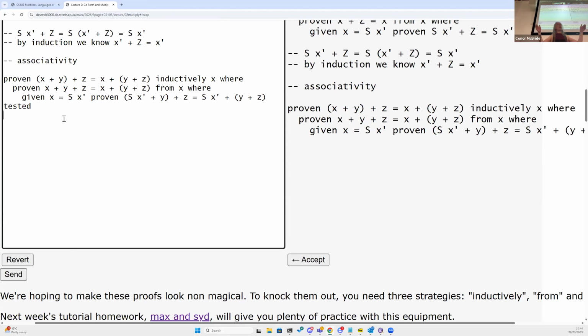They cancel, and we're left with a goal which is talking about the same thing one step smaller. So the induction hypothesis gives us the thing we need. The successors disappear, and we end up with the same thing about x prime that we wanted for x, but x prime is smaller than x, so we already know it.